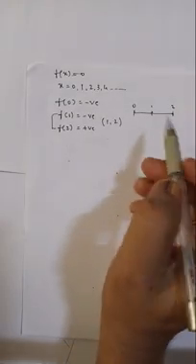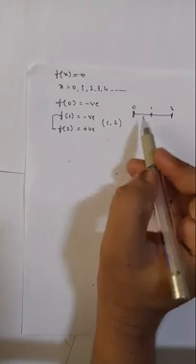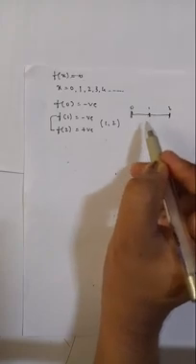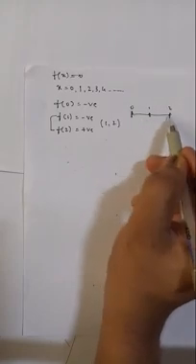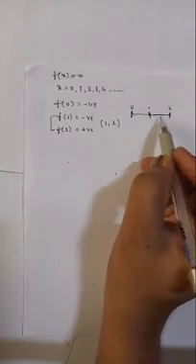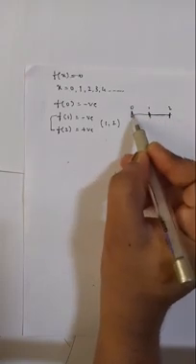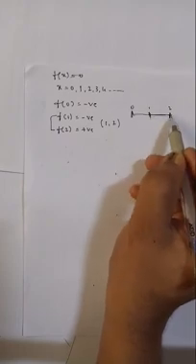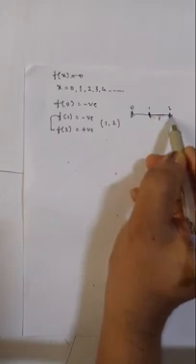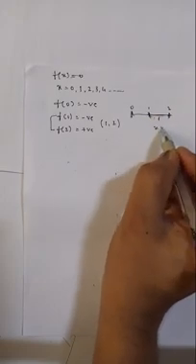Instead of finding the value of x in the interval 0 comma 2, where the distance is more and the length is maximum, if you find it from 1 to 2, the length is reduced. In this interval we can find the value of x easily.